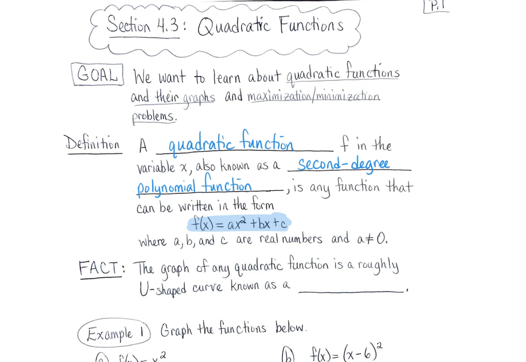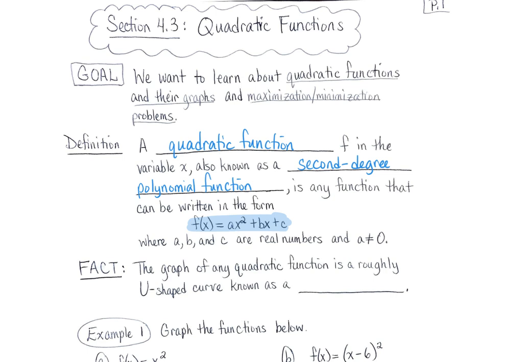Negative b plus or minus the square root of b squared minus 4ac, all over 2a. Very good.